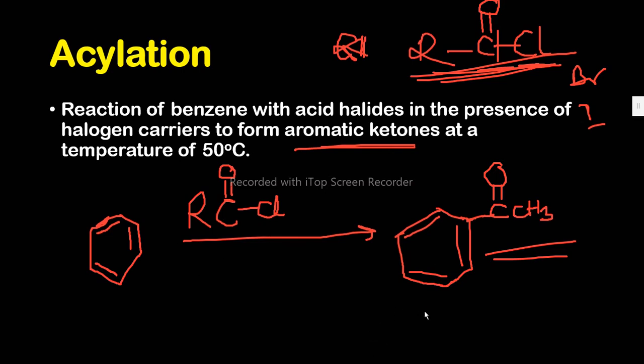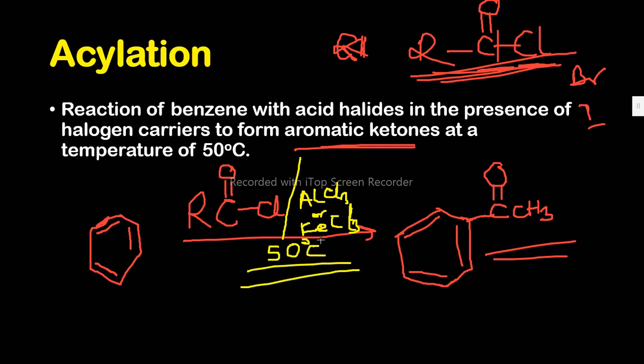We shall react the same, but now we shall need a halogen carrier, maybe aluminium chloride, or you can use iron 3 chloride, any halogen carrier. And then you heat at 50 degrees Celsius.